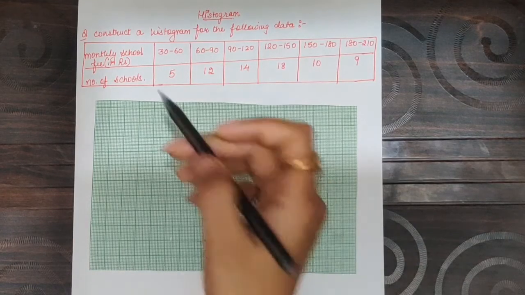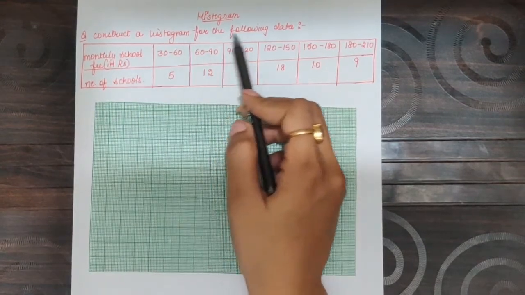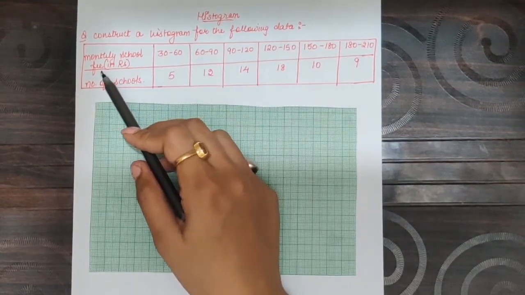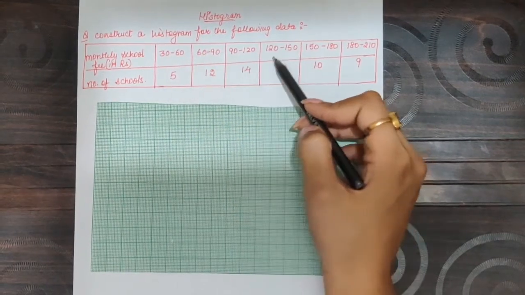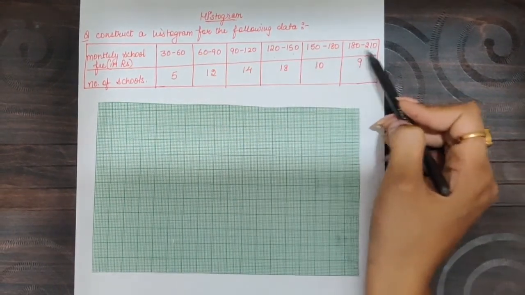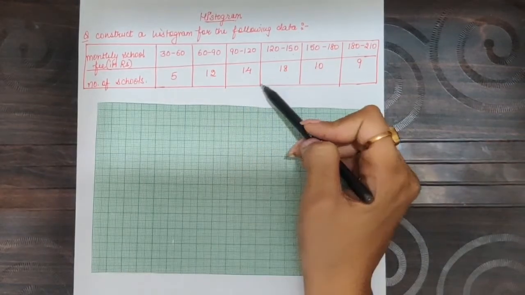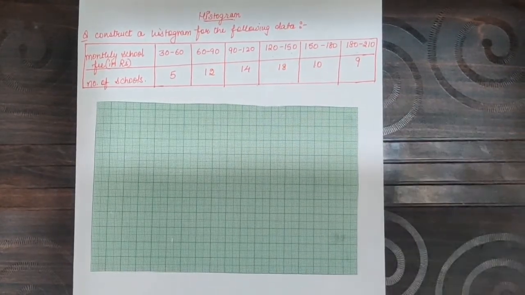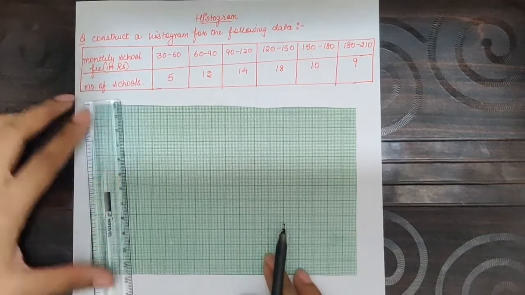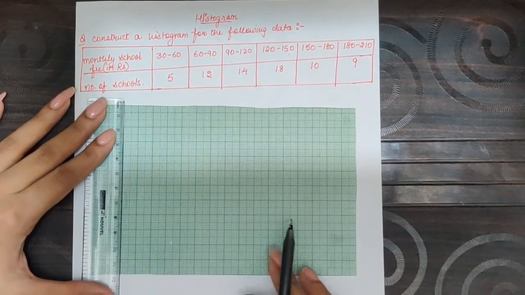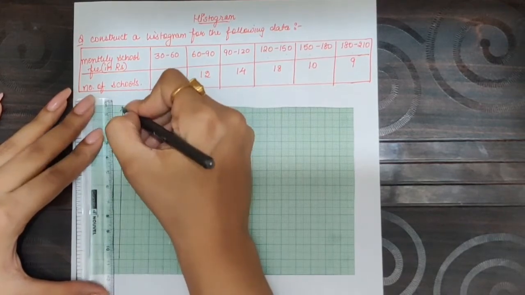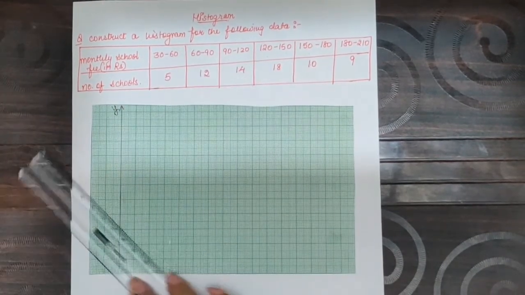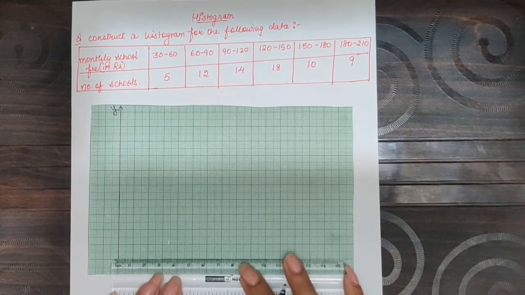Construct a histogram for the following table, where monthly school fee in rupees and number of schools are given. Draw the y-axis and x-axis.